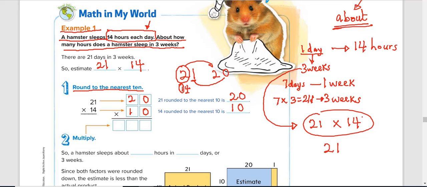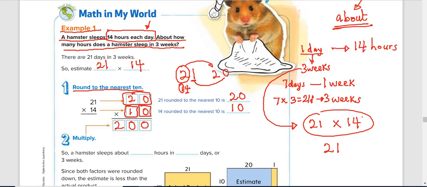Now that I've rounded them, multiplying becomes very easy. Remember when we did lesson 1 of chapter 5, to multiply these two numbers, we said take the whole number, this 20 on top, and use it to multiply the ones place digit, which is 0. 20 times 0 is 0. Next, use the same 20 to multiply the tens place digit 1. 20 times 1 is 20.